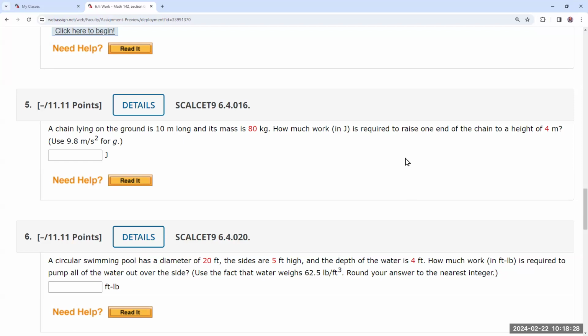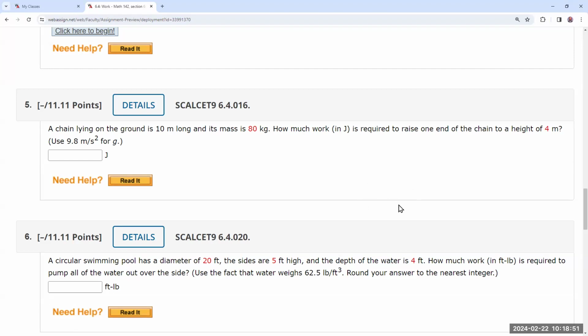Each little bit of chain would be like a dy tall, a dy number of meters tall. Well, then if you took that number of meters times 8 kilograms per meter, that would give you 8 dy for the mass of that little bit. Take 8 dy times 9.8. Now you've got the force of gravity on that little bit of chain. And then you multiply by y, because that's how high you would have lifted it.